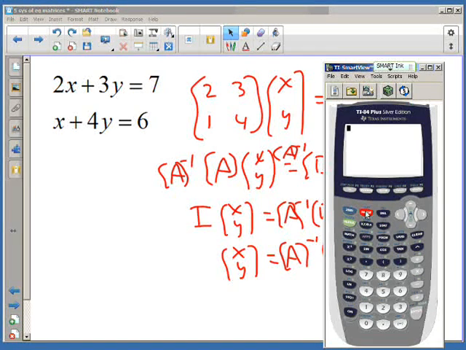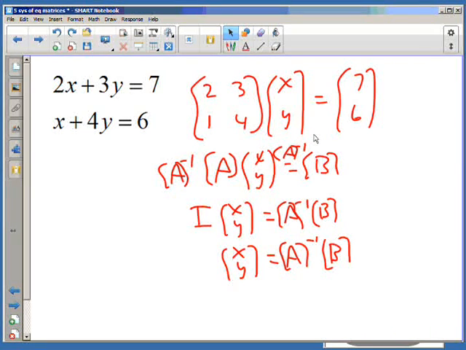Now I have in the system here, in the calculator, two matrices. I want the inverse of A, which is actually a bit more work than we want to deal with, but we're going to let the calculator do it for us. So once we've quit, we go matrix A, and we're going to do inverse. So A inverse times matrix B. If I hit enter, I get a solution of (2, 1).